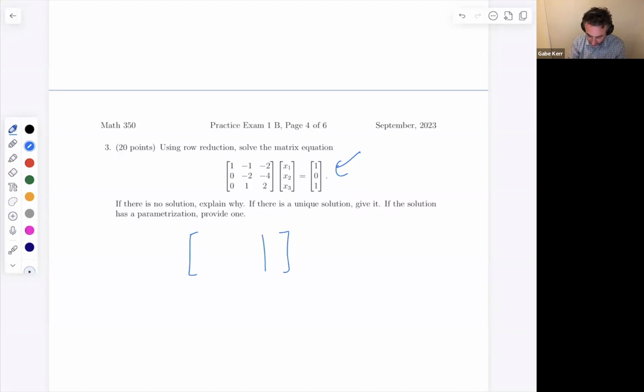I'm going to switch these rows, and then add 2 times the second row to what was the second row. I get 0, 0, and I get 2 here.